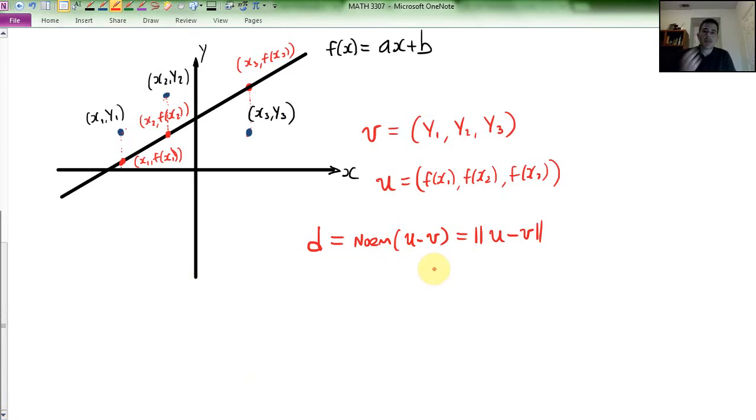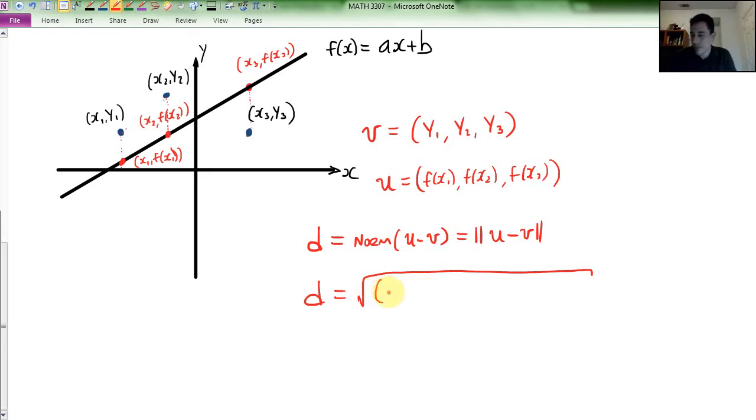Now, if you remember from calculus, or eventually we'll see that in two dimensions it's easy. It's the distance between two points. In calculus 3, we'll see the distance between two points in 3D space. But anyway, this is the square root of f of x1 minus y1, squared.